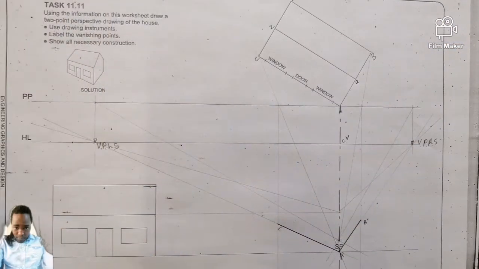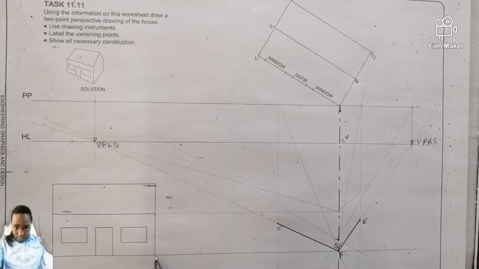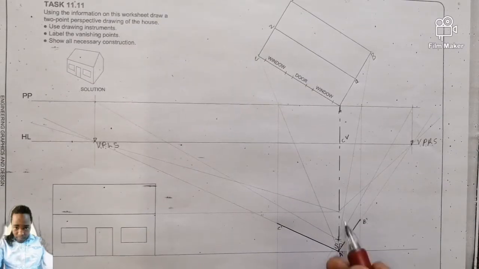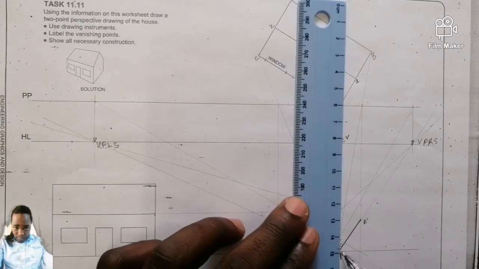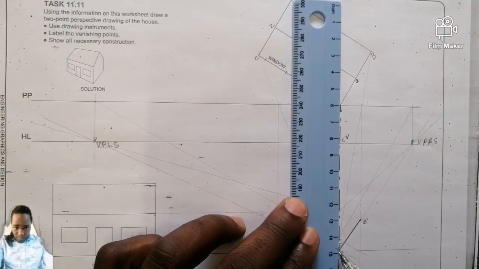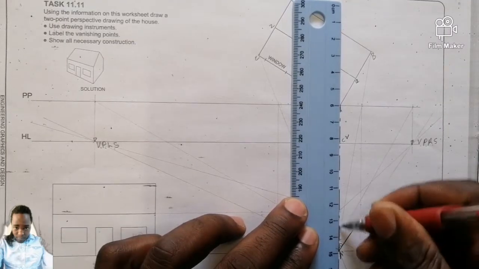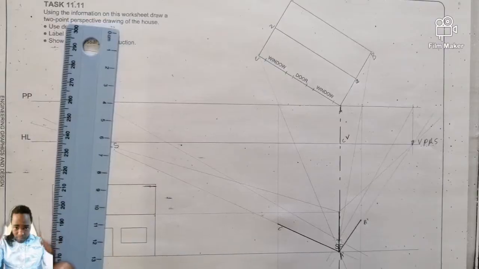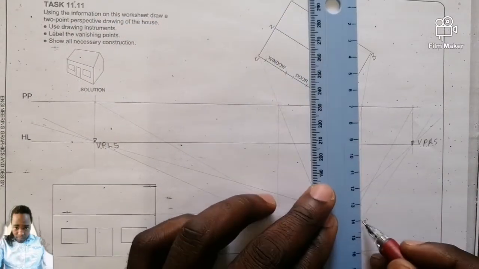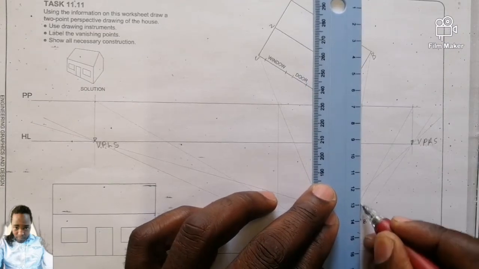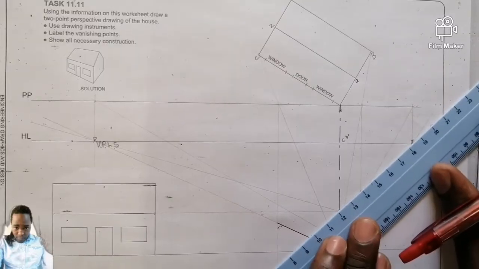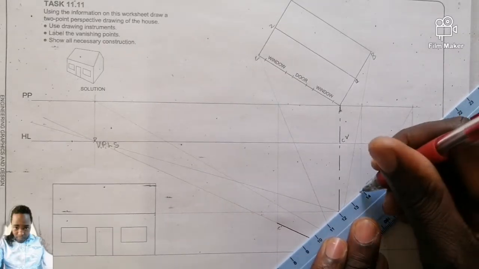Now I can get the height, from here till here is the height, isn't it? So from here till here I can now draw it solid. Solid till here, solid till there, and from here till there, solid. Here I can now close it.